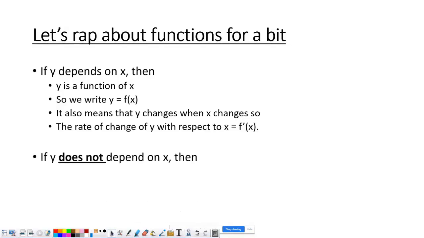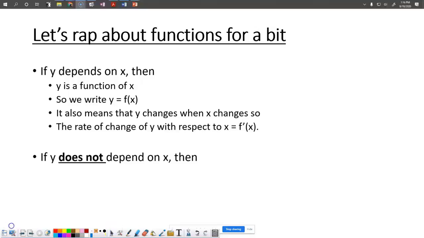So let's say that y is a function, but it doesn't depend on x. I'm trying to think of an example here. So let's go with an old proverb. I don't care if you agree with it or not, that's not important.